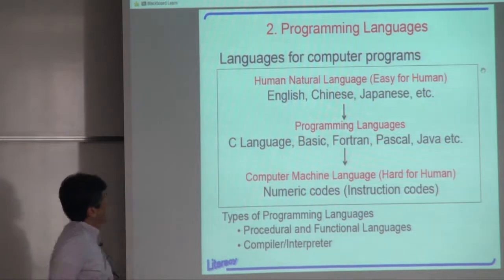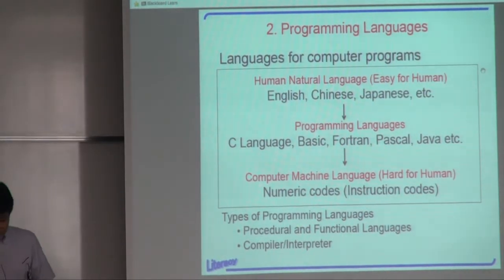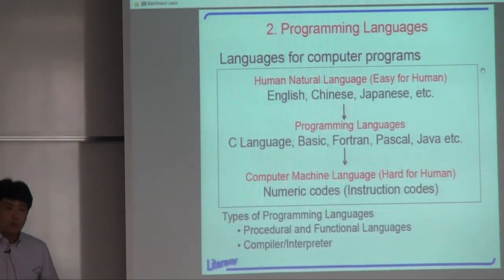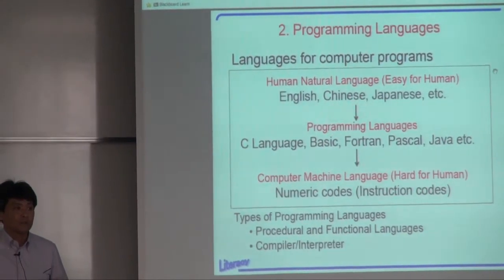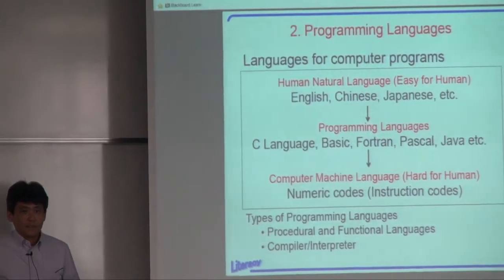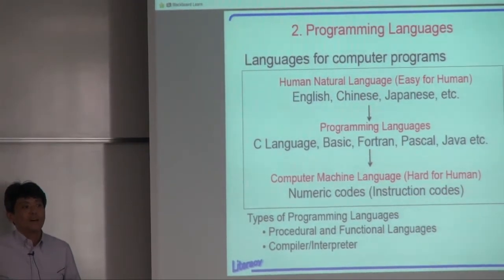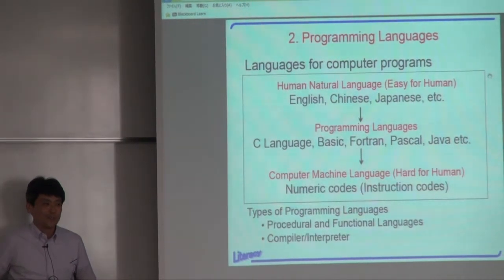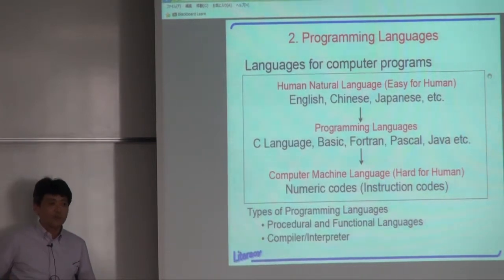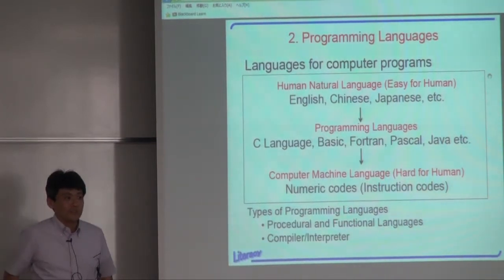When you want to make a program, if you have a problem to solve using computers, it would be easy if the computer could understand your natural language, because you could use natural language. However, unfortunately, the computer cannot understand natural languages.